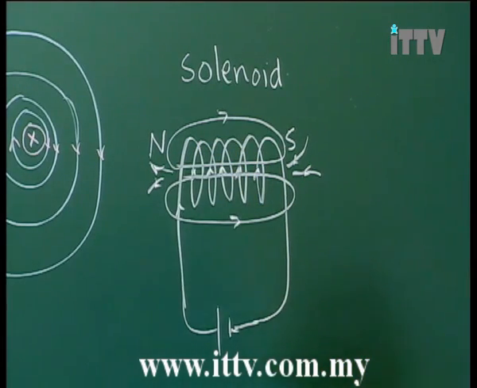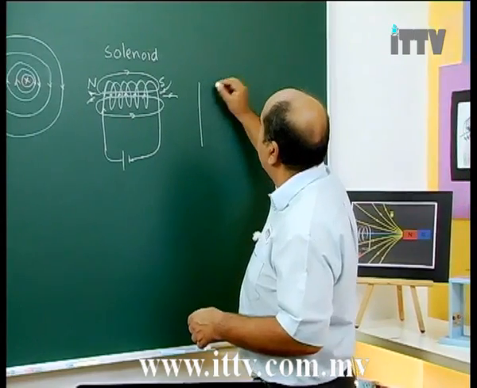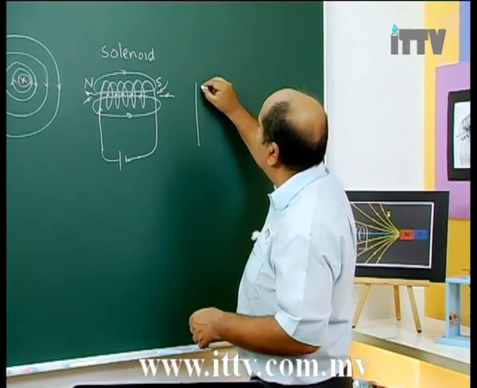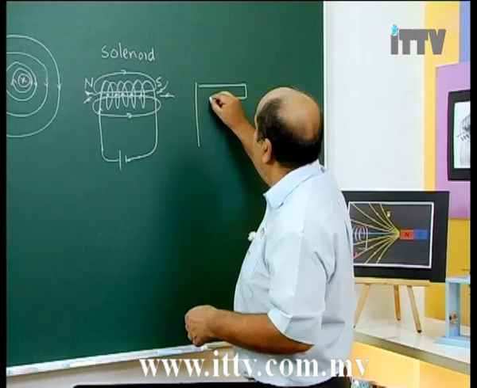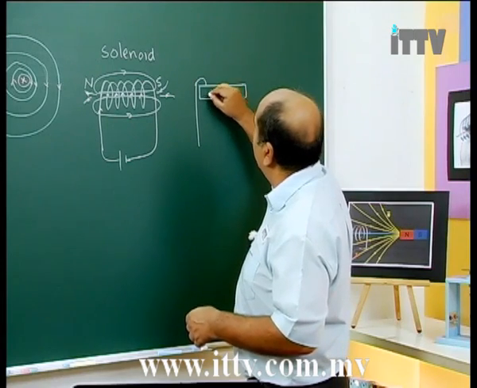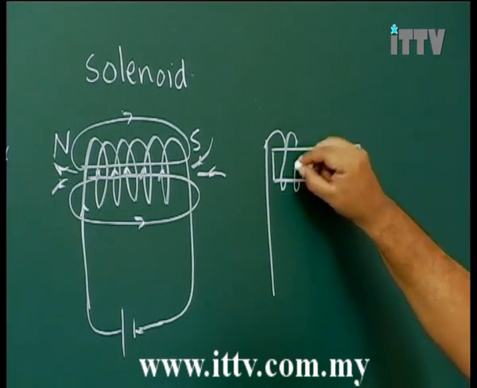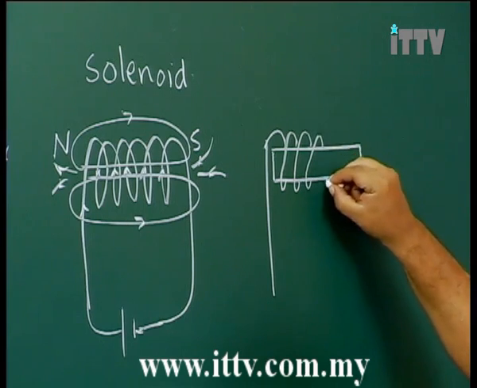But if I do the same thing over here, but before I make my loop, I put a piece of iron around here and I loop my wire around the iron like so.